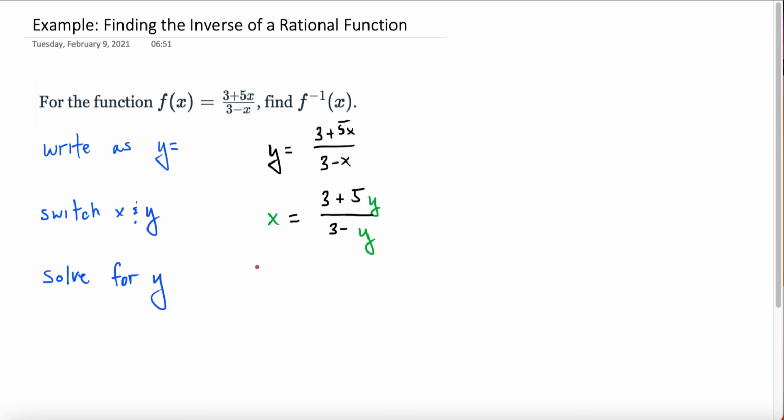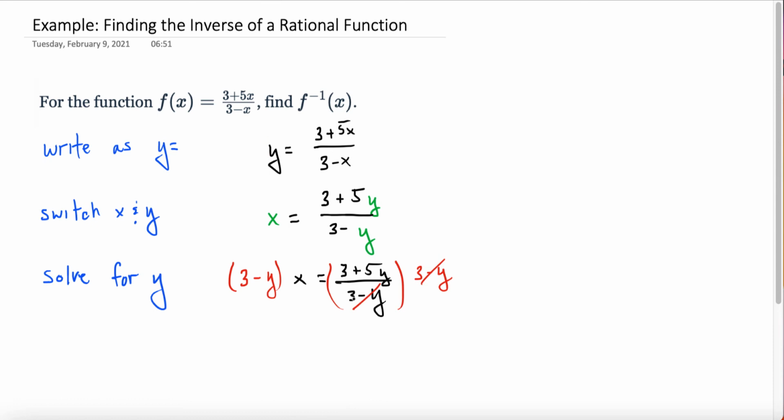So I've got 3 minus y over here times x equals 3 plus 5y over 3 minus y, and I'm going to multiply this side by 3 minus y. You'll see that those terms are going to go away.